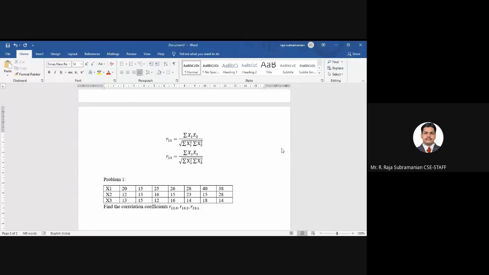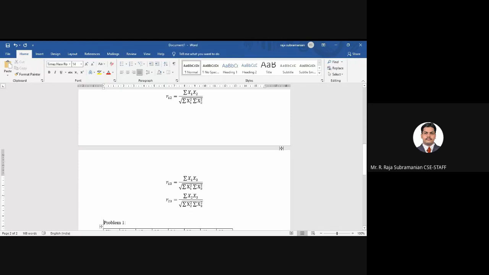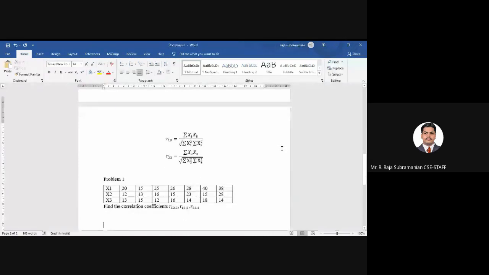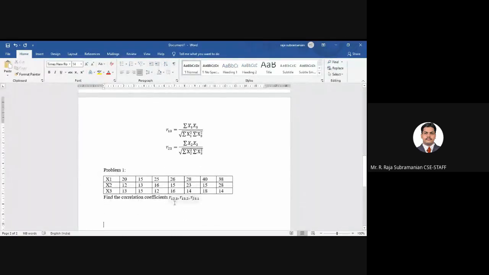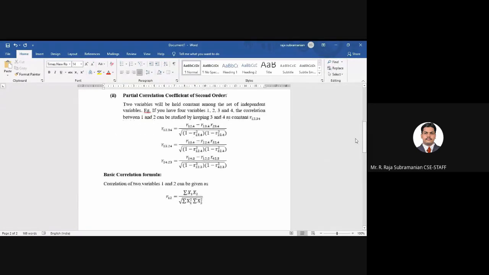The procedure is very simple. If I want to calculate r12.3, the formula is r12 minus r13 into r23, whole divided by the square root of 1 minus r13 squared into the square root of 1 minus r23 squared.